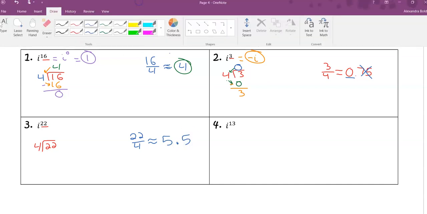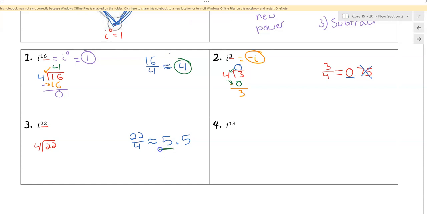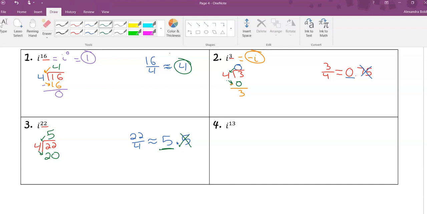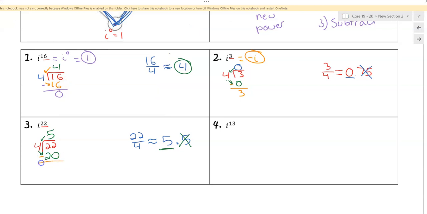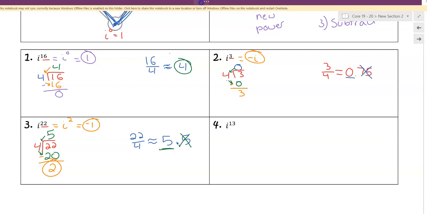And we just want this part. Five times 4 is 20. And then we subtract. 22 minus 20 is 2. So i to the 22nd is the same as i squared, which is negative 1.